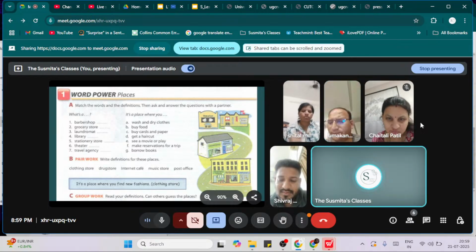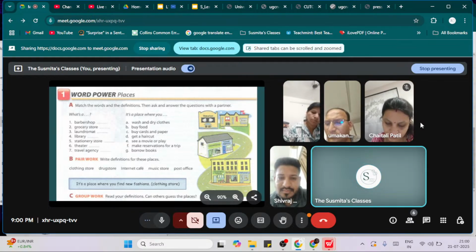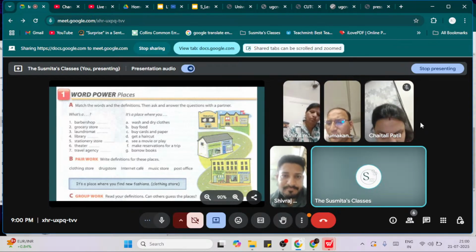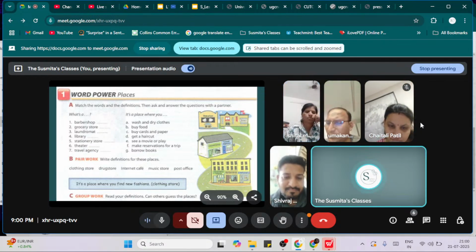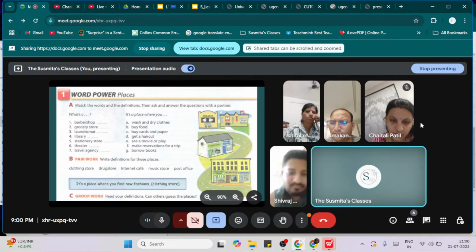It's not an instrument. Musical instruments are piano, guitar, tabla. Those are your musical instruments. This is what we call a music store, different. This book is a little older. Nowadays we don't have CDs and cassettes, but that's where we used to go and buy in earlier times, right?